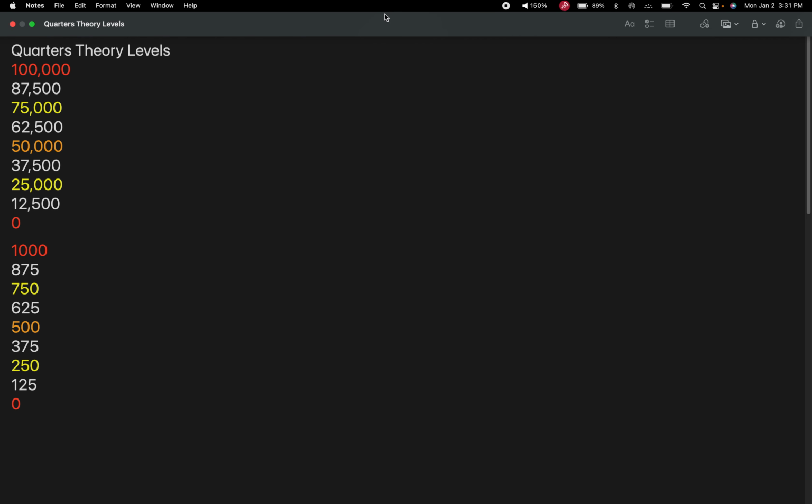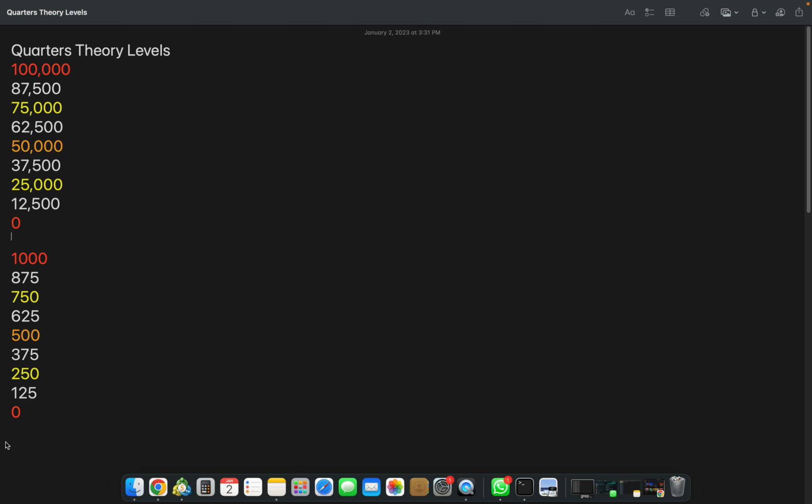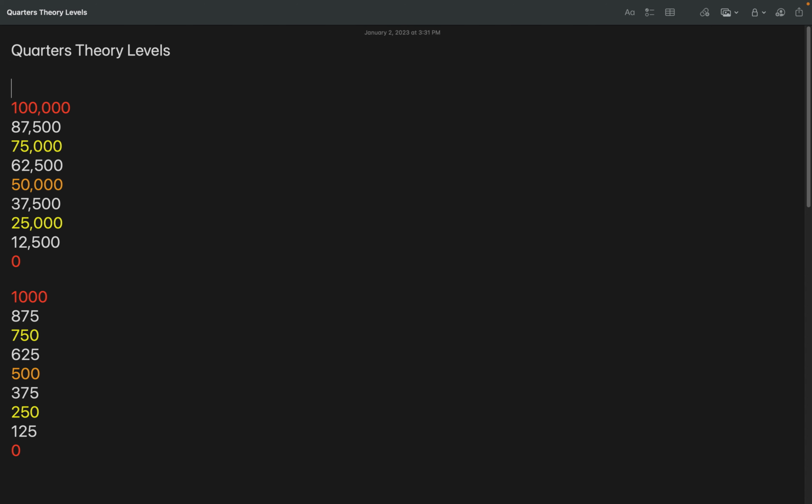Today, I'm going to be talking about quarters theory levels. Quarters theory levels, we can understand there's two tiers, right? So there's two tiers. Two tiers.